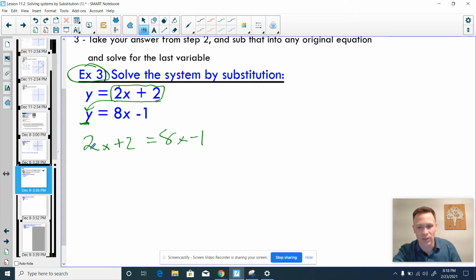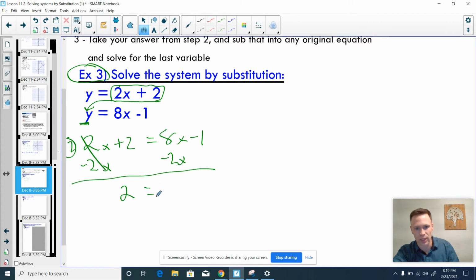Now, solving for x first requires, like this step here, this is step 2, by the way. Step 2 requires the most algebraic work, solving equations. This is something we learned earlier in the year. The first thing I got to do is get all the variables on the same side, right? So I'm going to subtract the 2x from both sides. That gives me 2, because the x's cancel out, equals 6x minus 1.